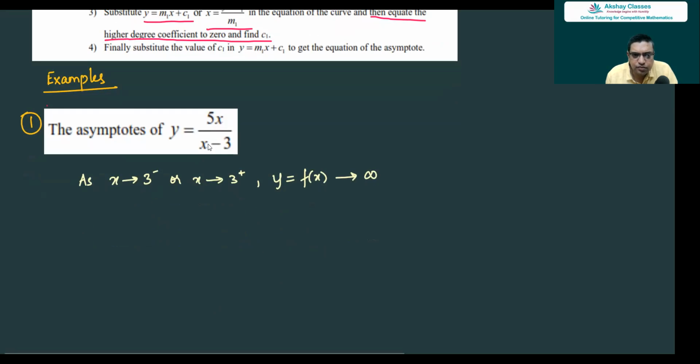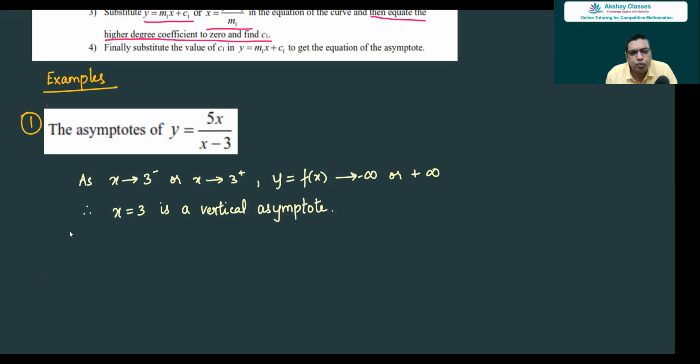In fact, if it's less than 3, this will be negative, so it will go to minus infinity or plus infinity respectively. So therefore x equal to 3 is a vertical asymptote.